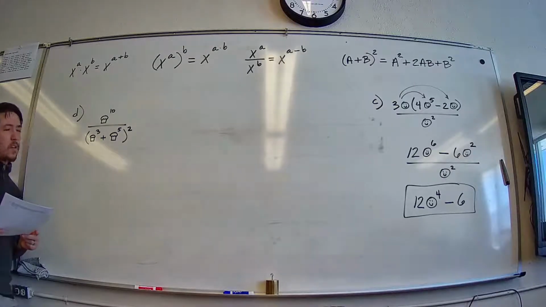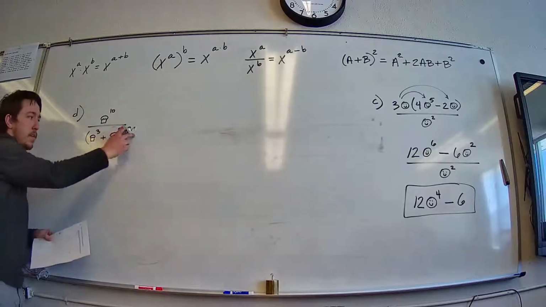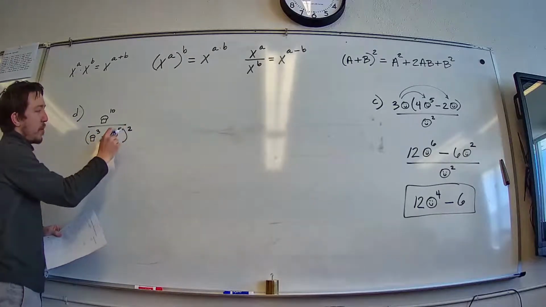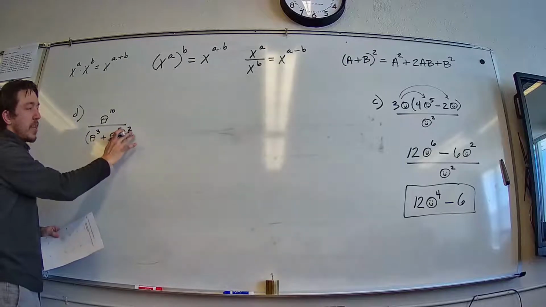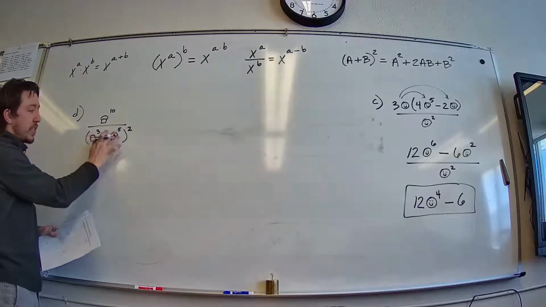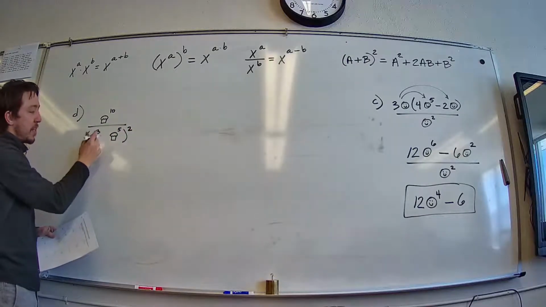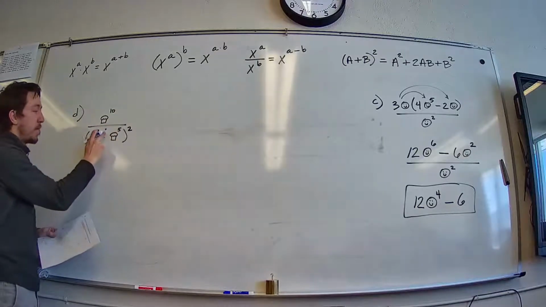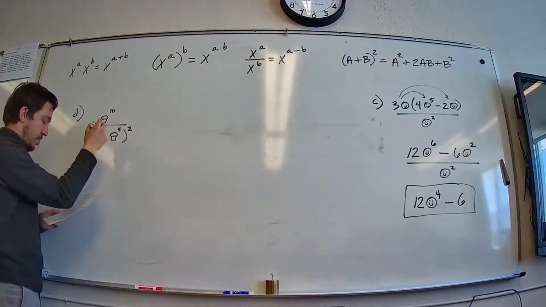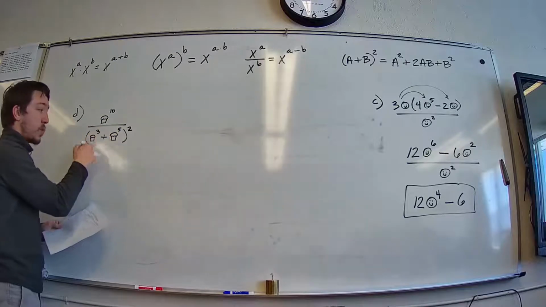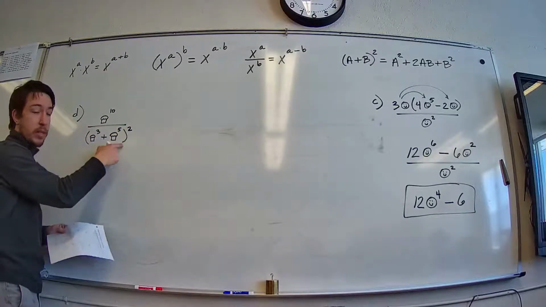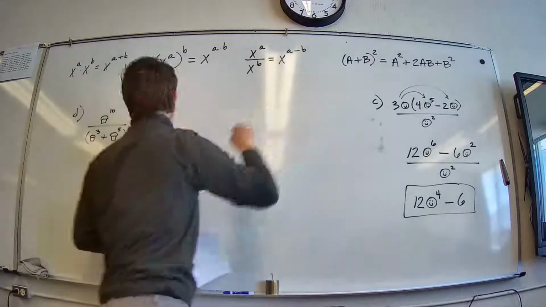Okay, what should we do first? I wouldn't use the word distribute just because this exponent cannot distribute over the addition. If these had been multiplied like this, then you could do that, but we have to square this bottom here. We have to square that just like this.